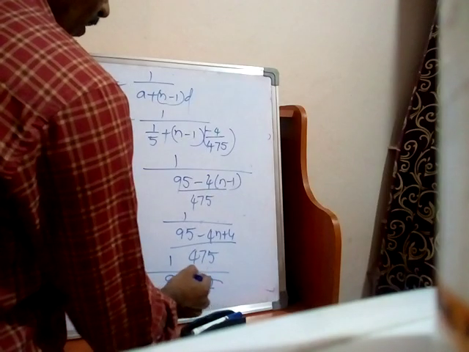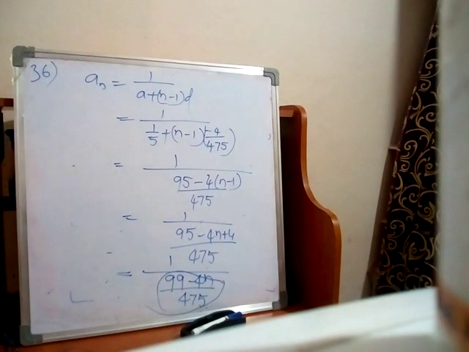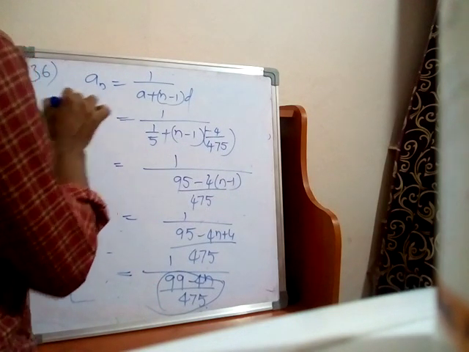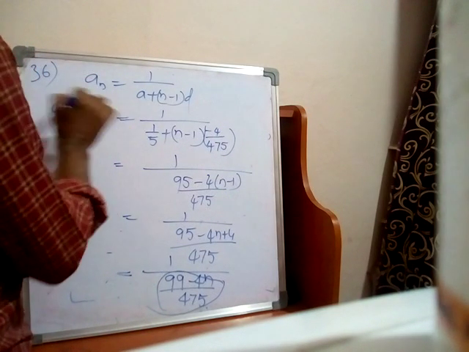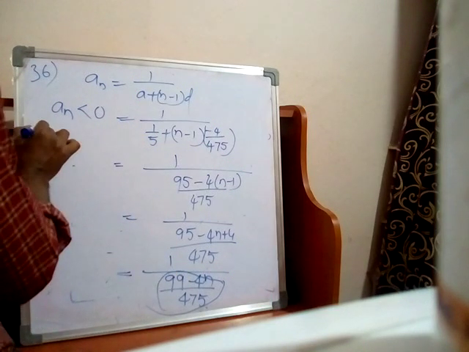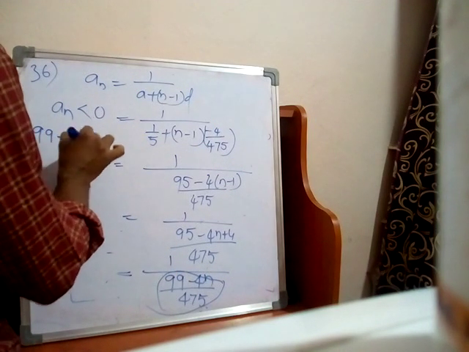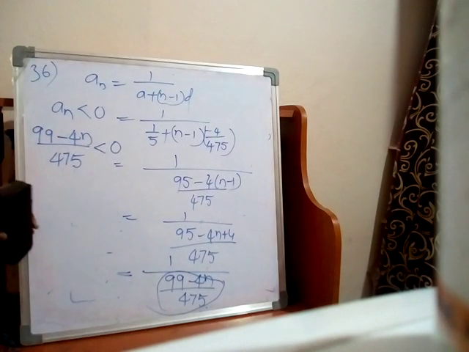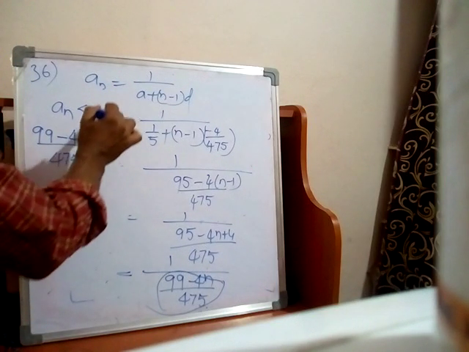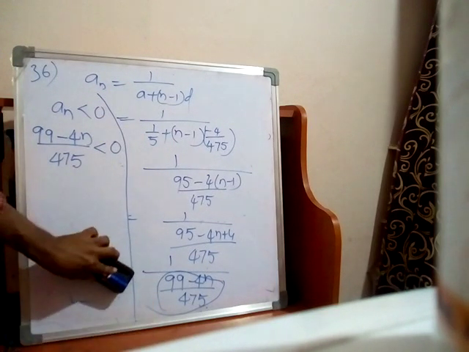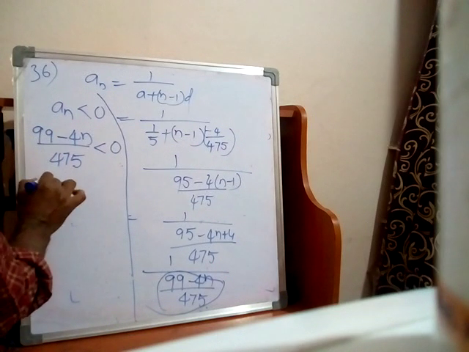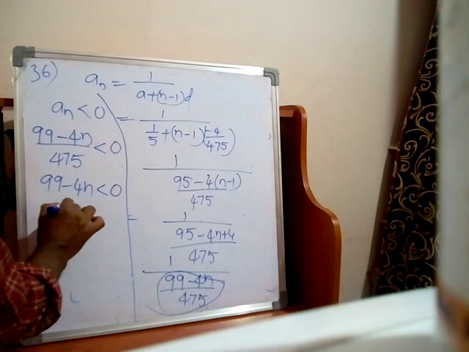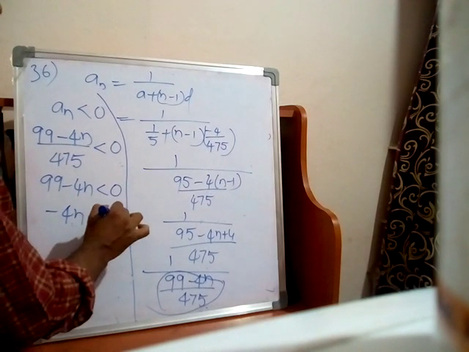Now observe this denominator. This value is less than 0. So for what least value of n is an less than 0? That's why we take the condition (99 minus 4n) by 475 is less than 0. For what value of n is the result less than 0? So 99 minus 4n is less than 0. Minus 4n is less than minus 99.